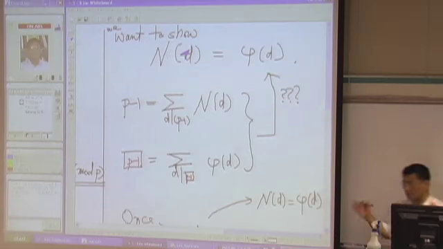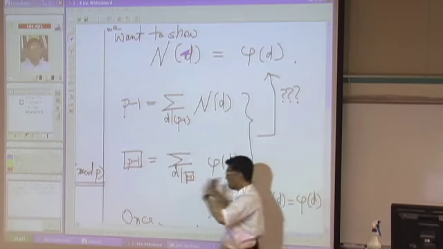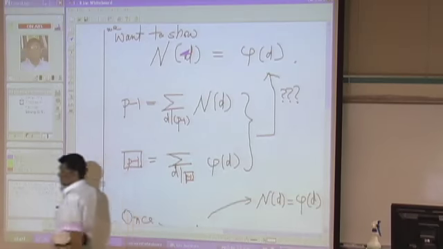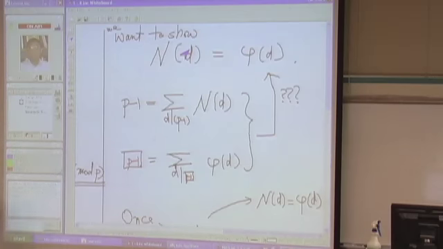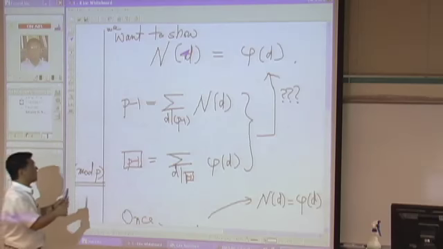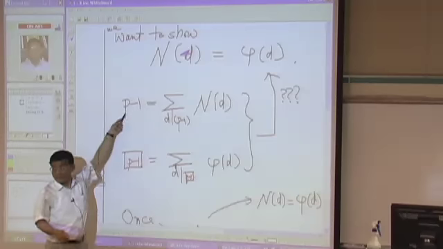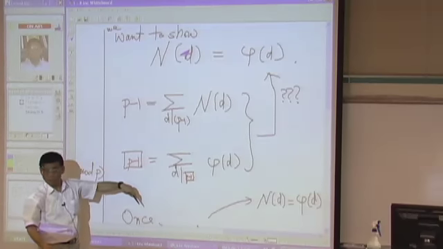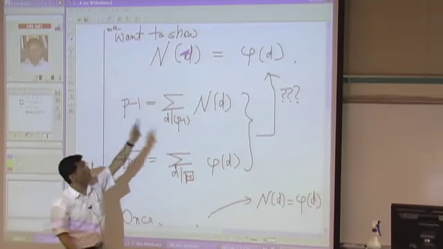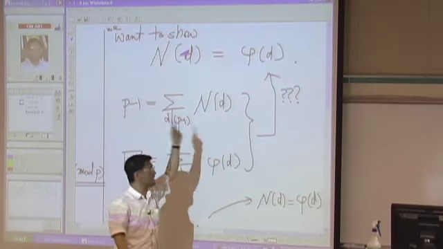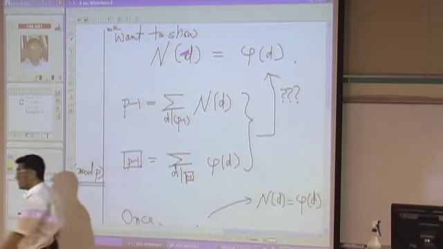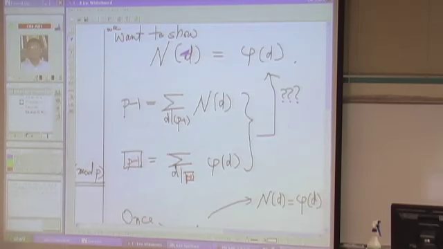So you should know the strategy first before jumping into the proof. But if you don't understand the strategy, ask me. The goal is showing that the number of integers of order d is equal to phi of d. To prove it, I claim the summands are equal, and I will show that it is equal.